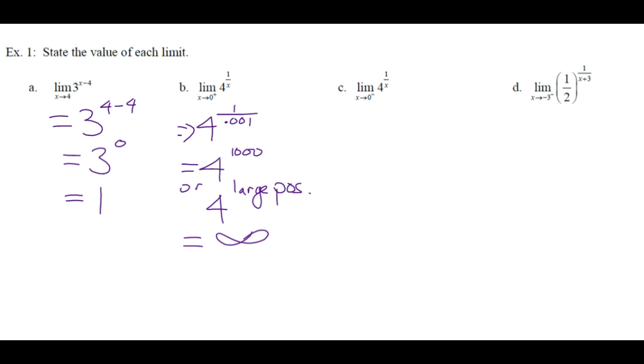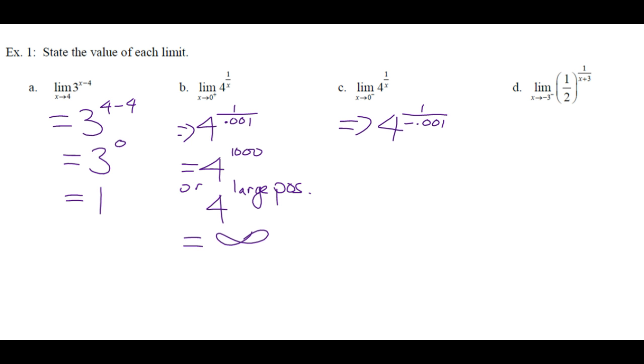The limit as x approaches 0 from below. From below means you are going from right to left. So give me an example of a number that's close to 0 and yet below. Let's say we use the same number, 0.001, but we're coming from below.